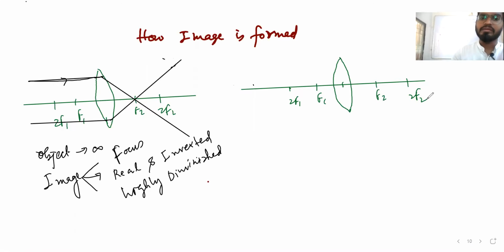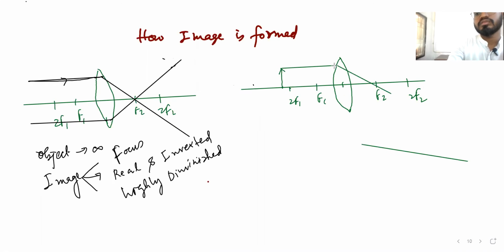If the object is beyond C, then what will happen, guys? If the object is beyond C, then a ray of light parallel to the principal axis will pass through focus. A ray of light passes through center of curvature. Next we can see.